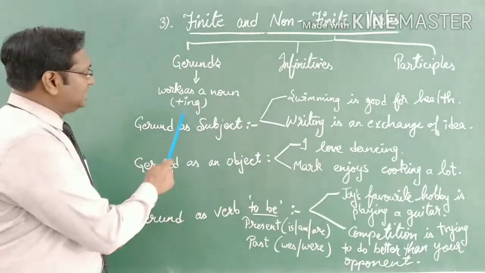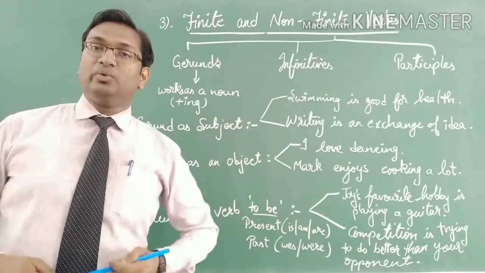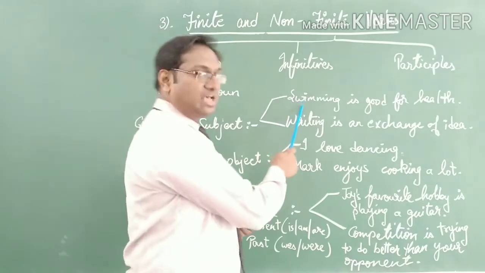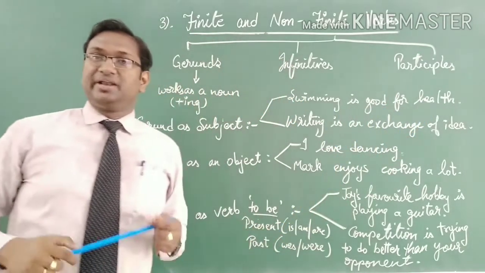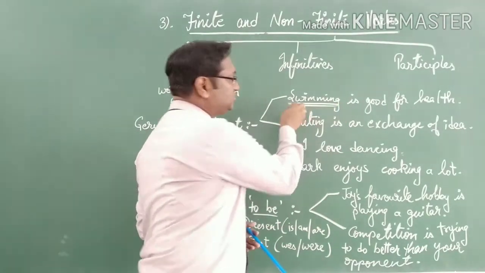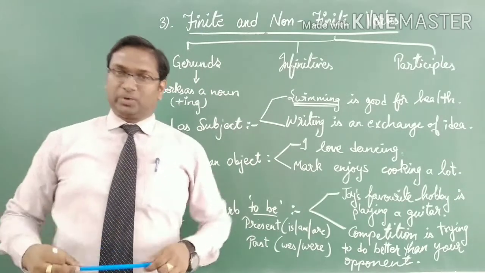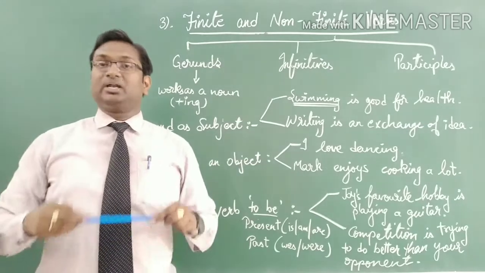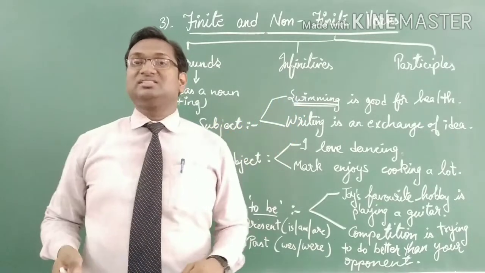Now, first let's see gerund as subject. How will we find gerund as subject? See the example. Swimming is good for health. Now, over here, swimming is your subject. We know that subject is either noun or pronoun. But over here, we are using gerund as subject.